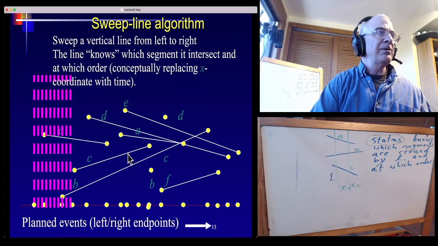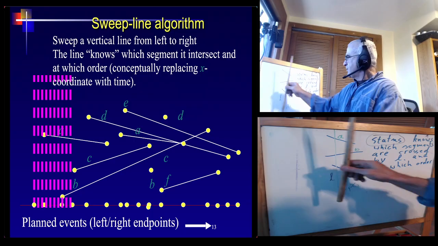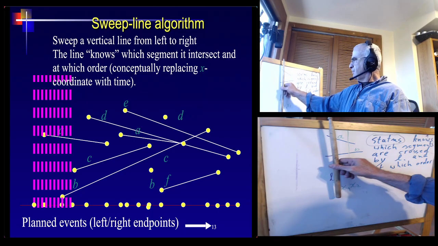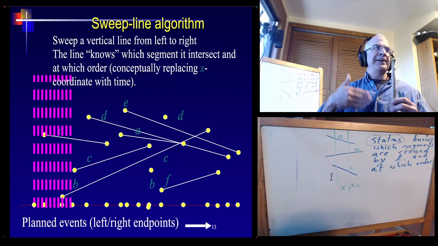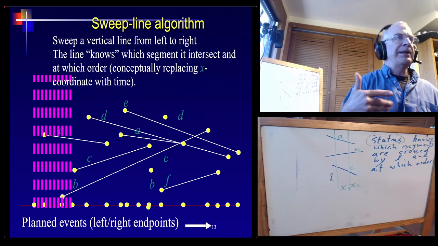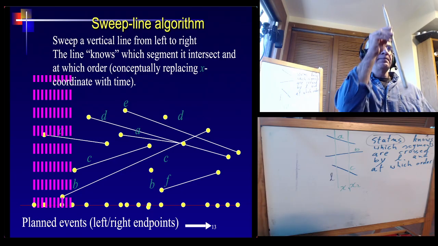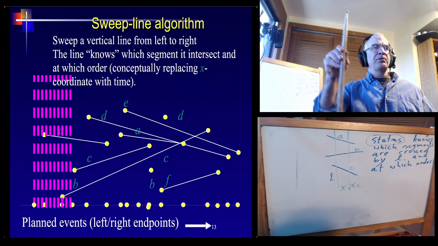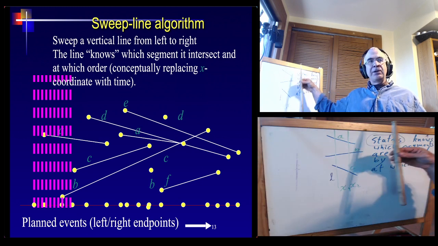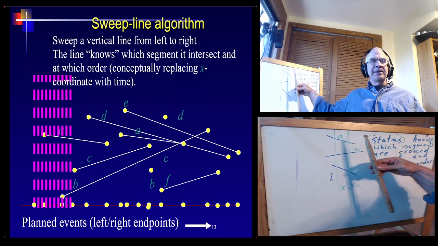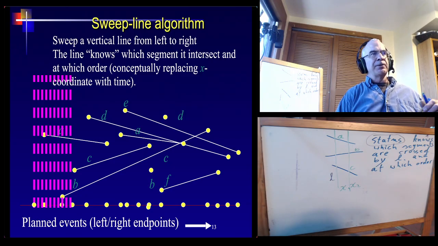Meaning that instead of gradually moving the sweeping line slowly and continuously in the plane, I'll be motivated by generating events. The sweeping line will jump from one point to the next point to the next point, always from left to right, and I'll only care for events, and only events at which the status needs to change.